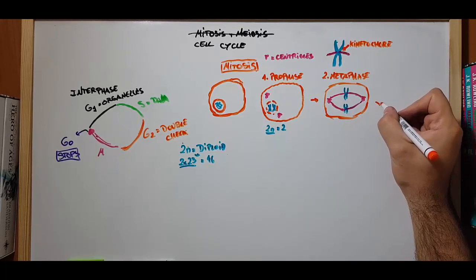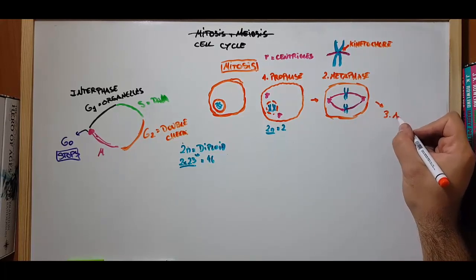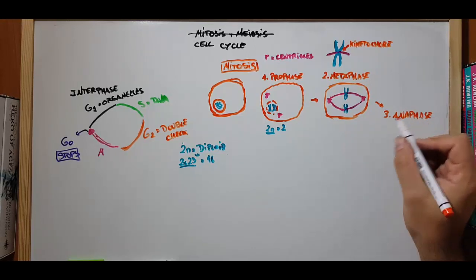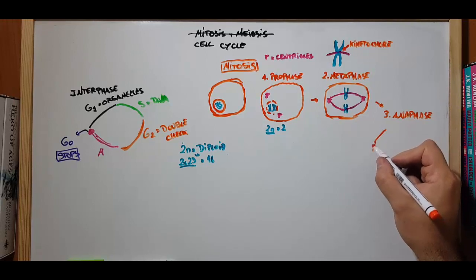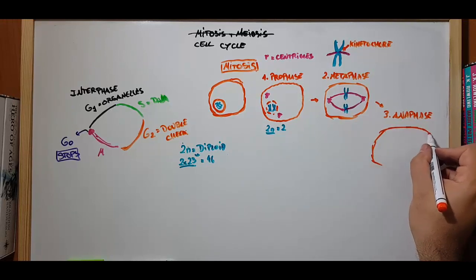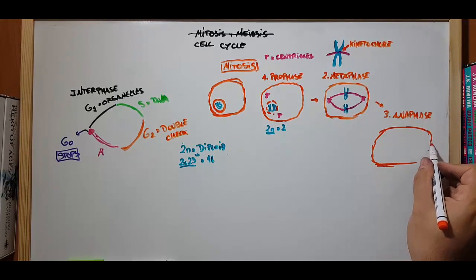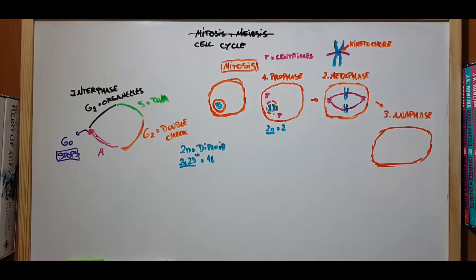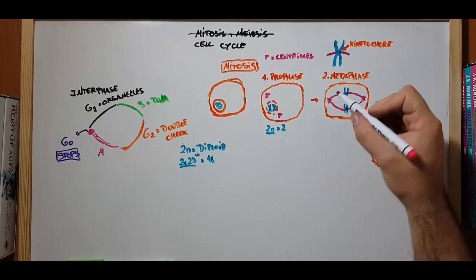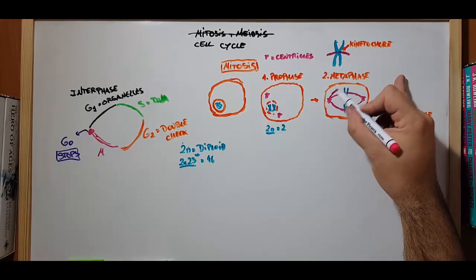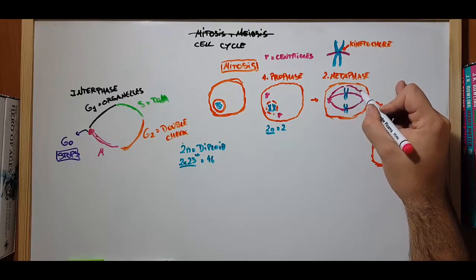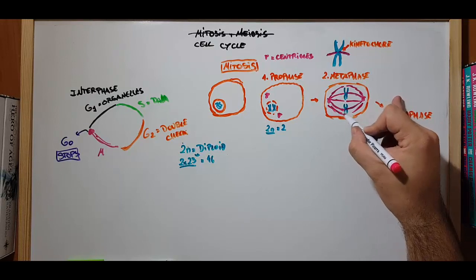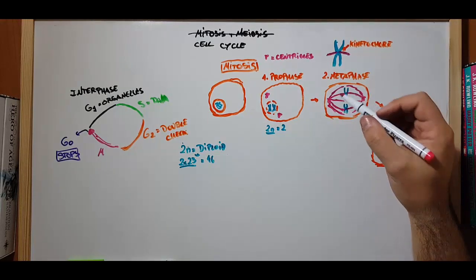In the third phase, that is called the anaphase, the cell is going to become elongated like this. Okay, you see that it is stretched. That is thanks to other types of microtubules. They are going to push against each other like this, in order to elongate the cell.